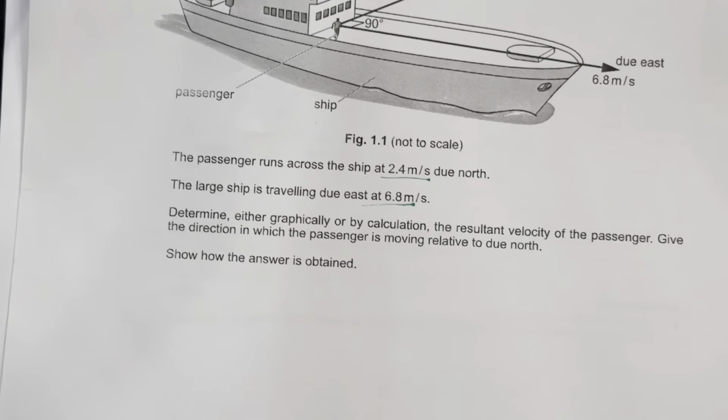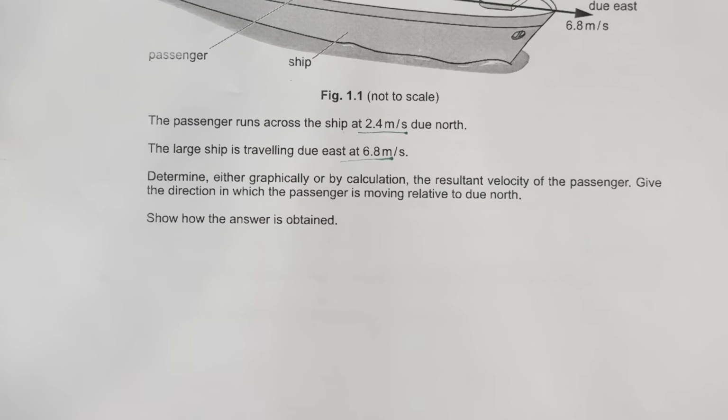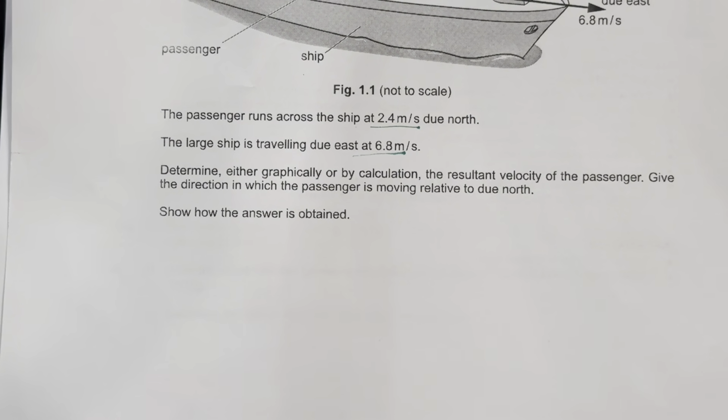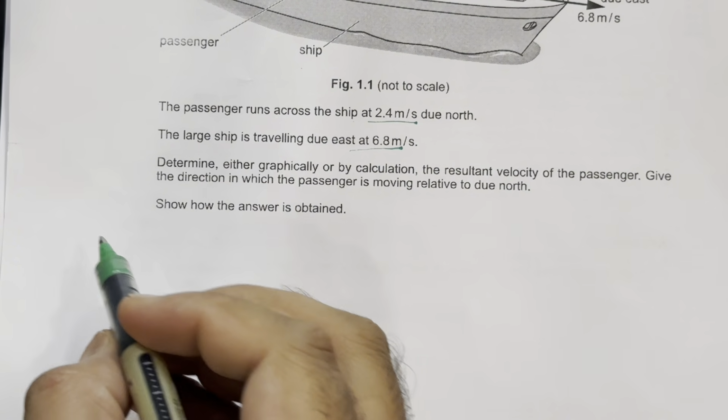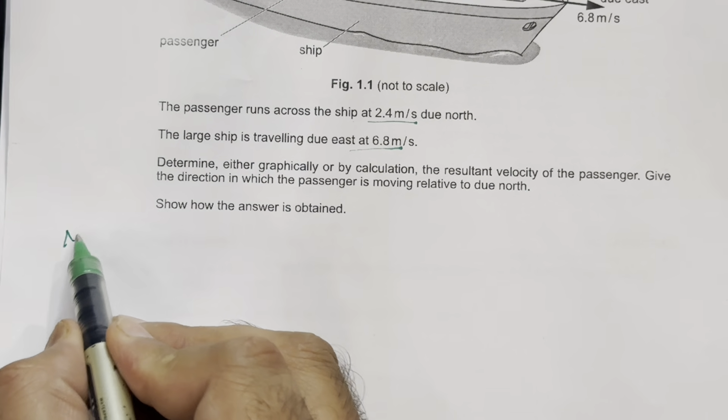Okay. So there are two methods to calculate it. One is graphical and one is through calculation. So first I am going to solve this question by calculation, then I am going to solve it by the graphical method. So method number 1 is for calculation.